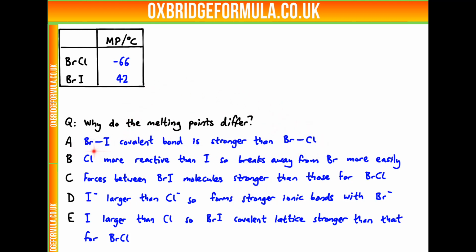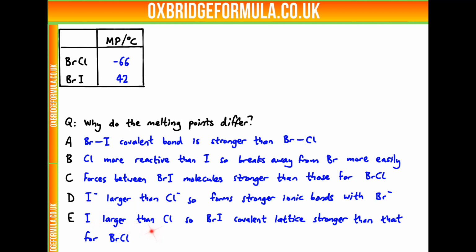So our 5 different statements read that the BrI covalent bond is stronger than the BrCl covalent bond. Secondly, that chlorine is more reactive than iodine, so this breaks away from bromine more easily. Thirdly, that the forces between BrI molecules are stronger than those between BrCl molecules.